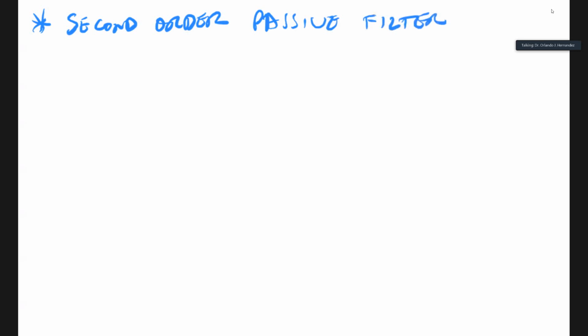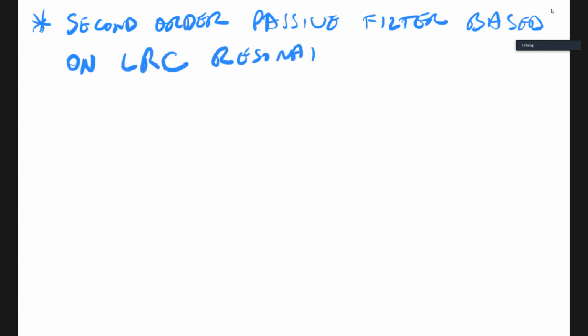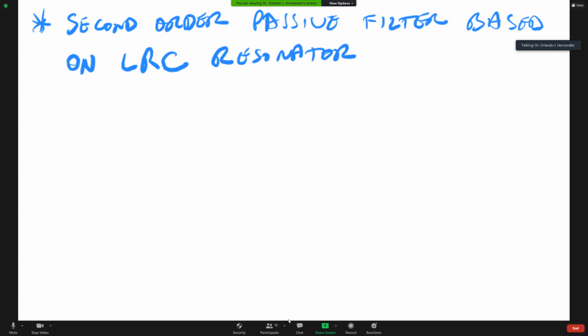It is based on what we call an LRC resonator. It's a good time to switch to the book.